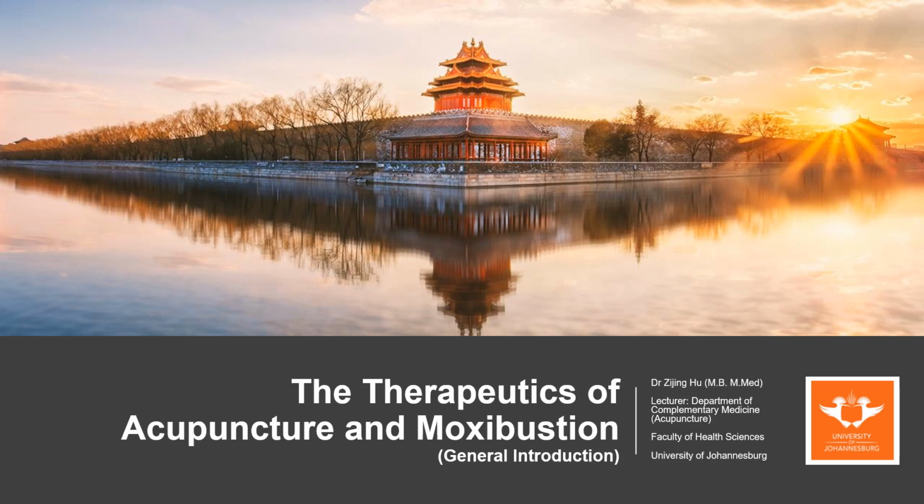You need to get something to locate your destination, and then you can arrive. Otherwise, it'd be very vague. You don't know what to do. This is why, after the 8 principles differentiation methods, we need the 脏腑 organs differentiation method. The 脏腑 organs differentiation can help us to locate the location of your destination.